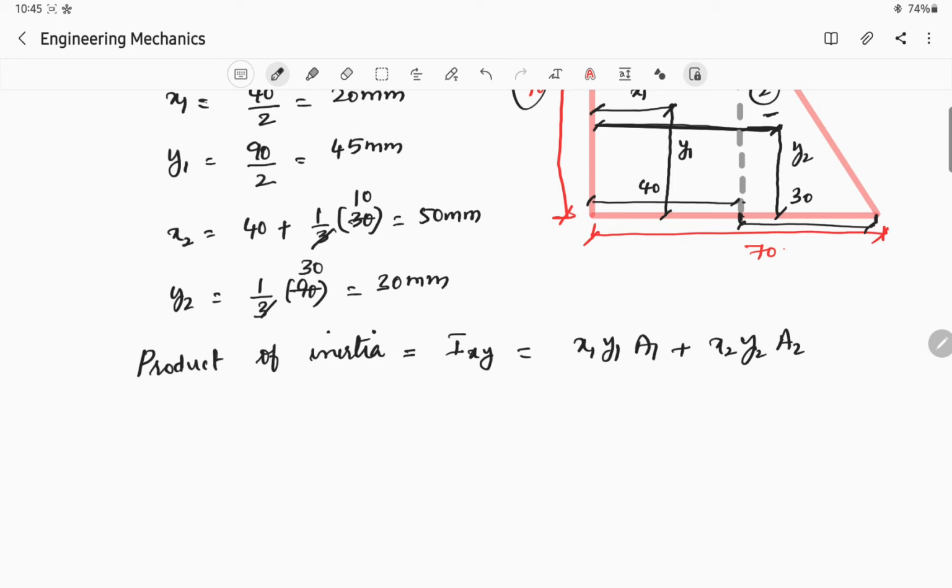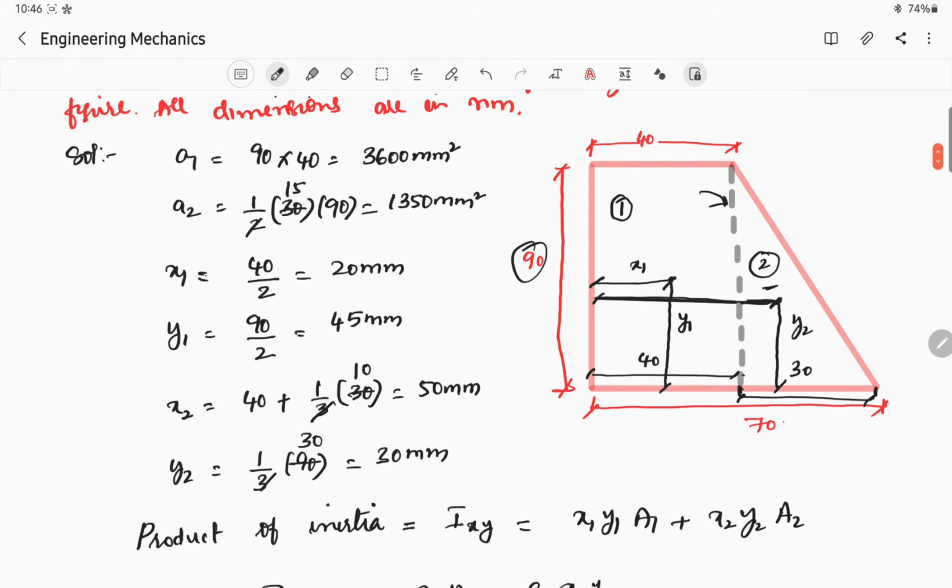This is nothing but our product of inertia. To simplify this one, I will write like this: Ixy, which is product of inertia, is equal to a1 x1 y1 plus a2 x2 y2.